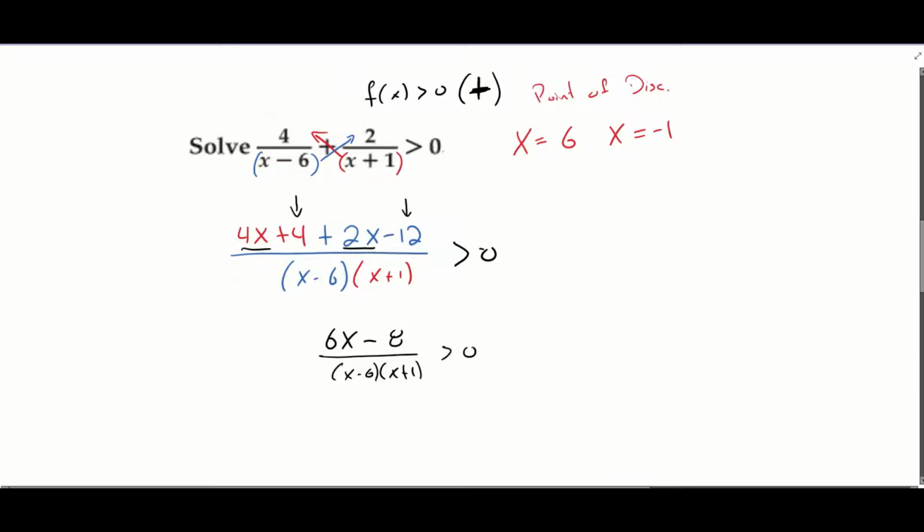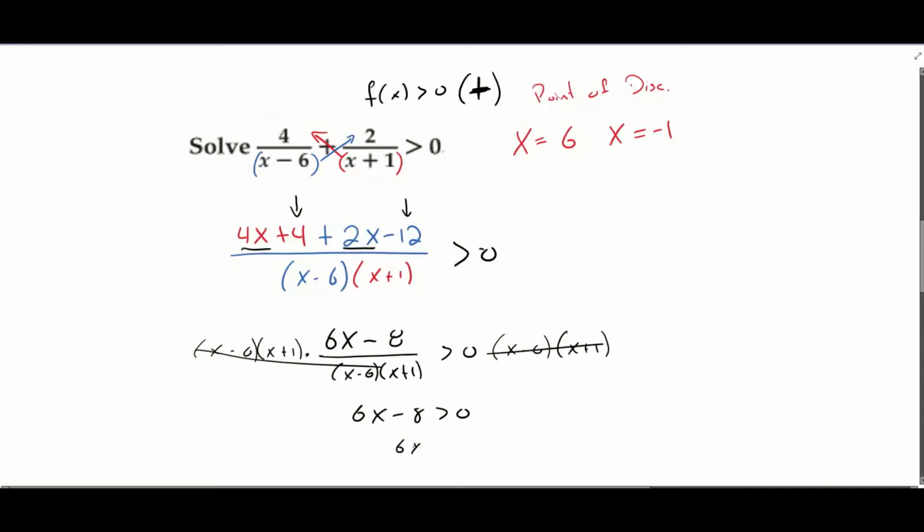Okay. And so then from here, the next step would be to multiply the bottom over, which is x minus 6, x plus 1. But then what happens when you multiply anything by 0? It goes away. So here it cancels, and I am left with the 6x minus 8 greater than 0.